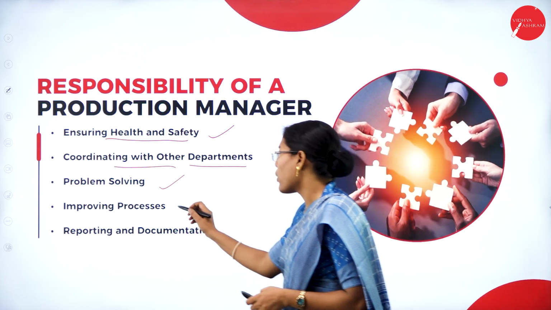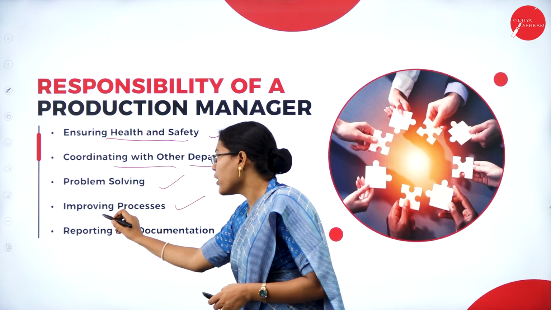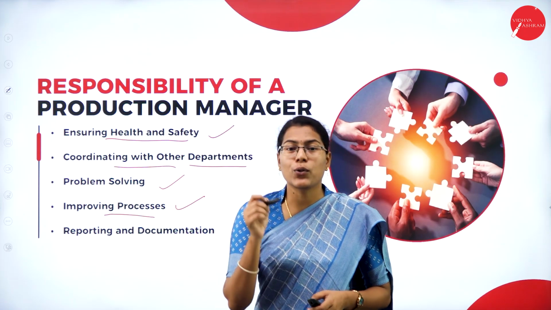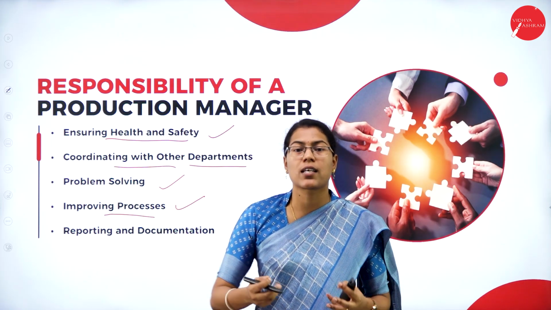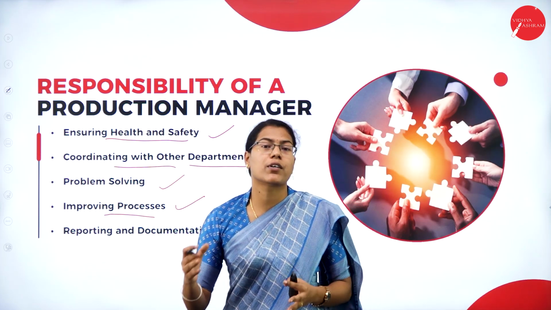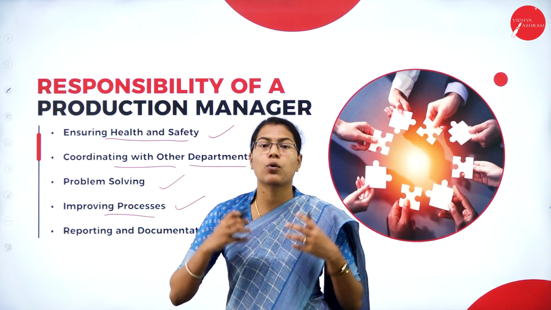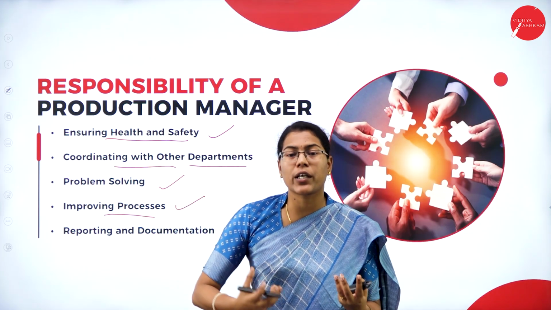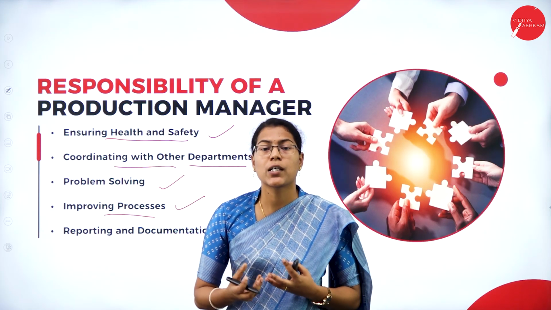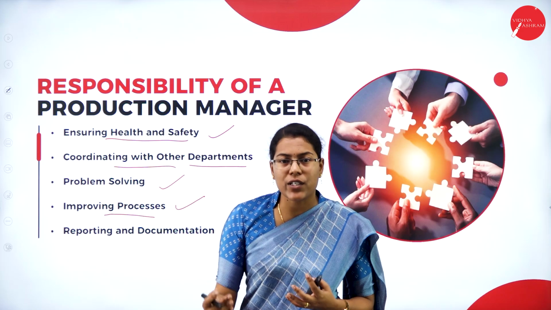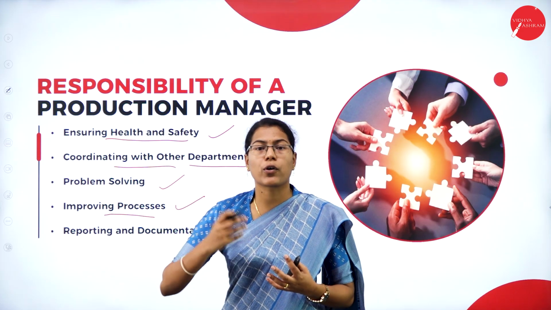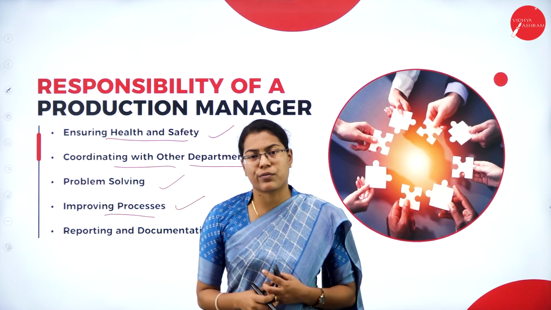Next, improving process. It is the duty of a production manager to look into the ways in which he can improve the production process whenever necessary or wherever possible. So he should look into all the alternative ways to improve the production system so that the process is made more and more efficient and more productivity is drawn out of it.